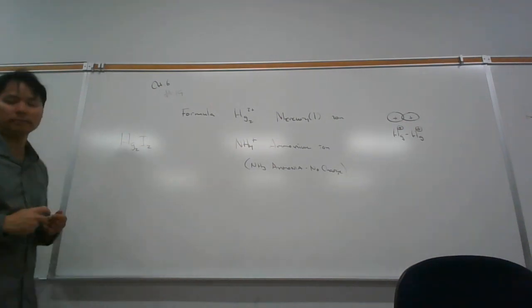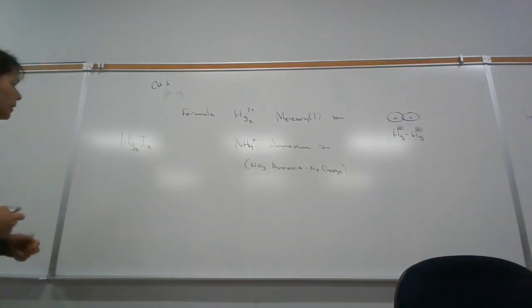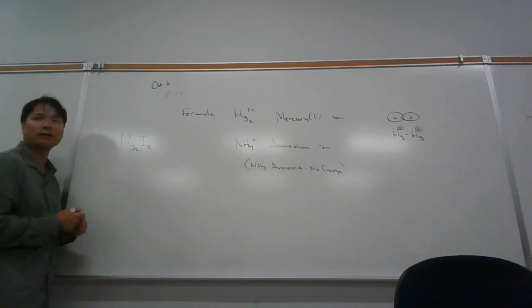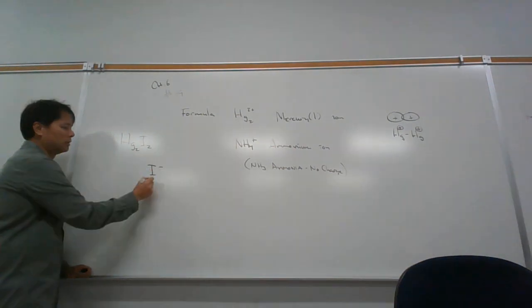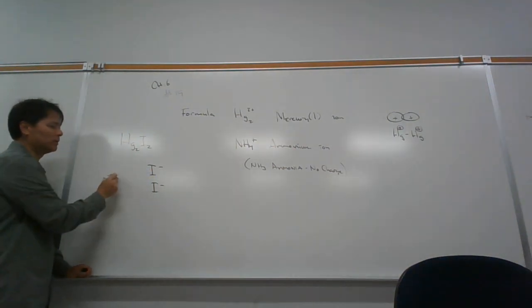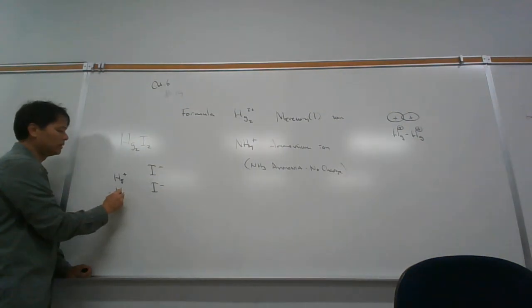And what do we call I? Yeah, I is iodine, the element, and if it's an ion, what charge does iodine like? -1. It's one of the halogens. So if we have two iodides that are -1, that means each mercury must be +1 to balance out the charge.